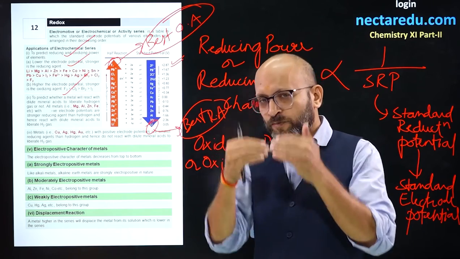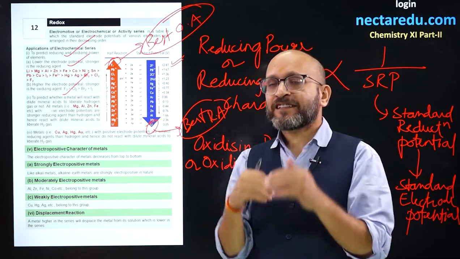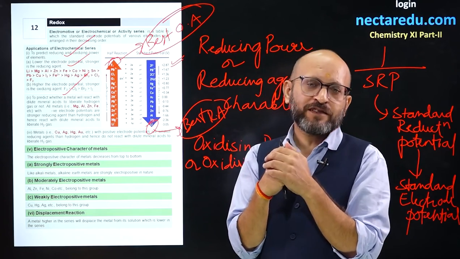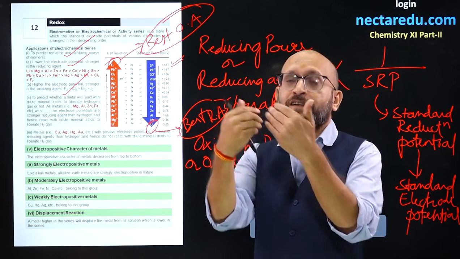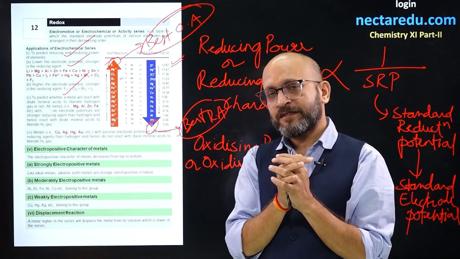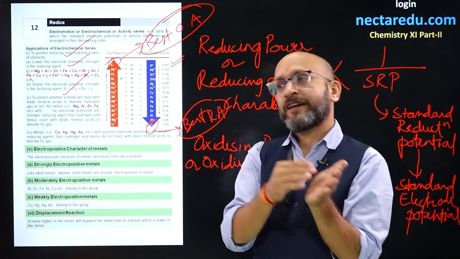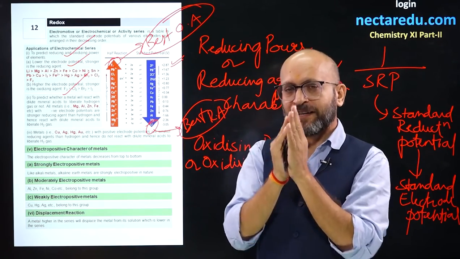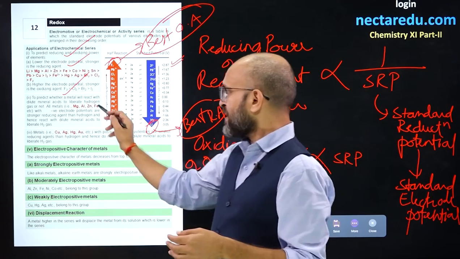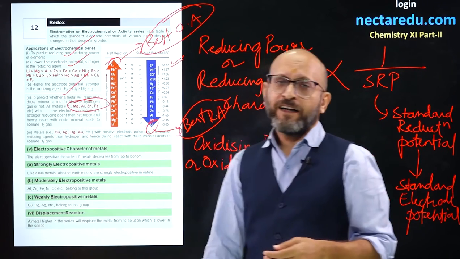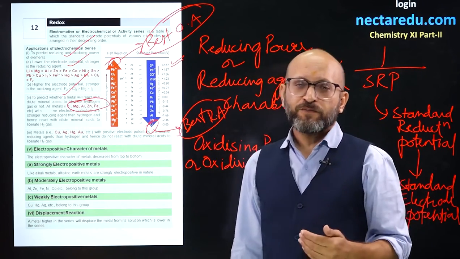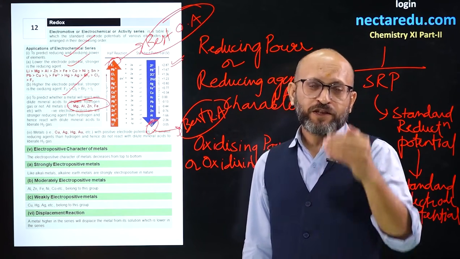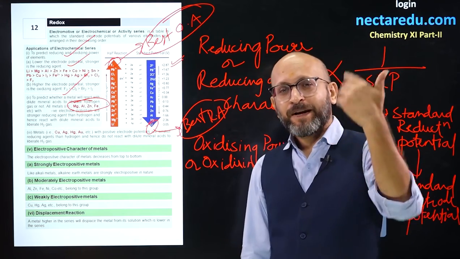If the electrode potential of a metal is lesser than hydrogen, they can reduce hydrogen from H plus to H2. Better reducing agents such as magnesium, aluminum, zinc, iron all have negative potentials, and hydrogen has a potential of 0.